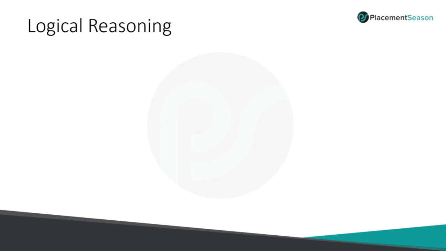Next comes the logical reasoning section. Under logical reasoning, you will be evaluated based upon your analytical skills. You have to reason out things. You have to have a good presence of mind. All these will be checked in the logical reasoning questions.